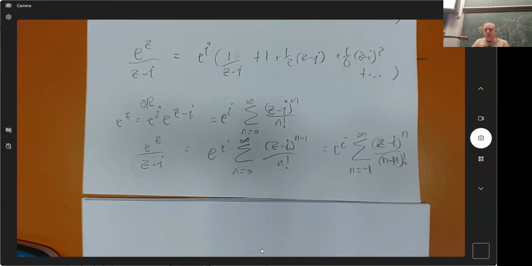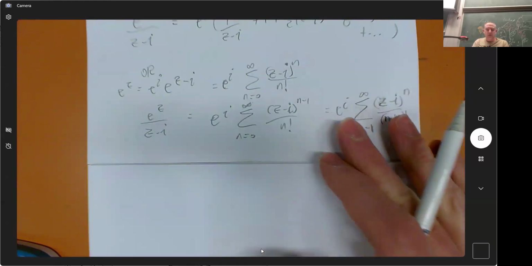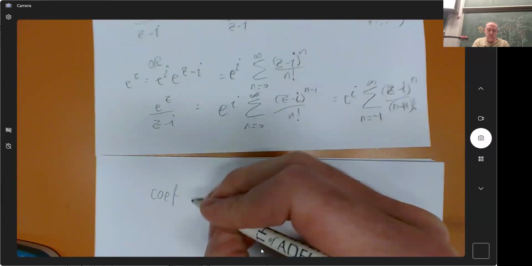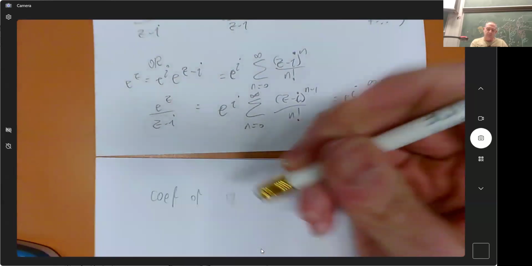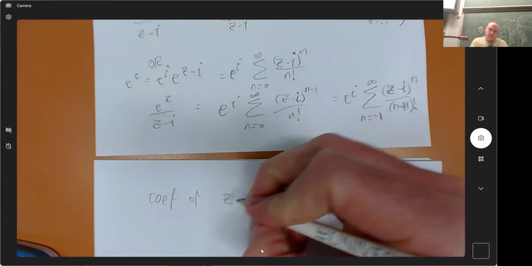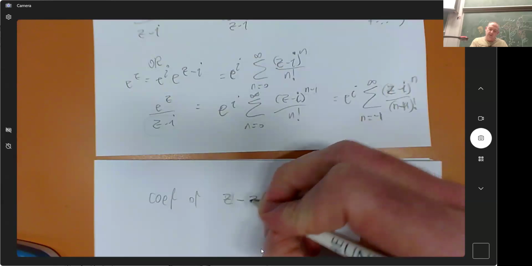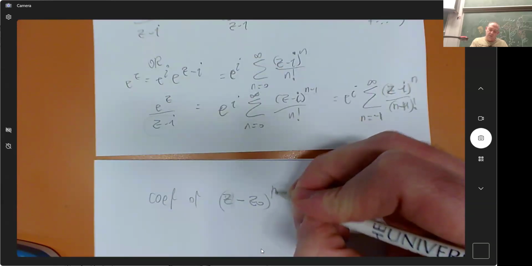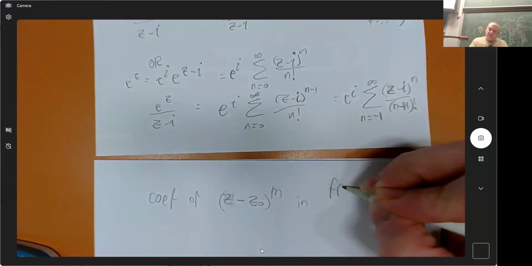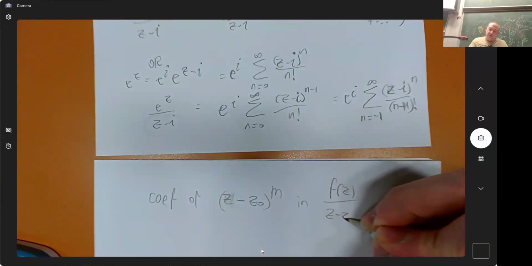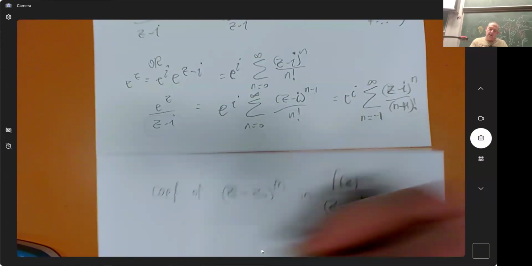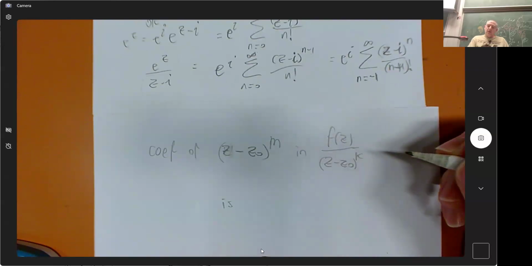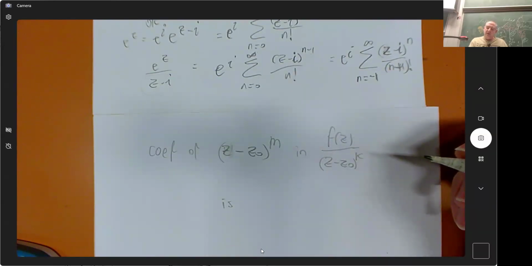And so you could therefore know that the coefficient of z minus z naught to the m in f of z over z minus z naught to the k is, damn it, I don't know how to do that.